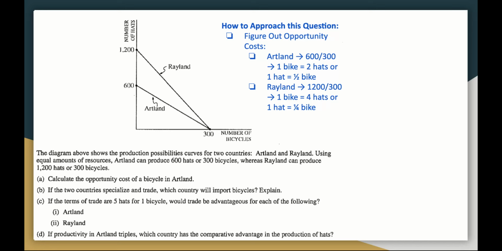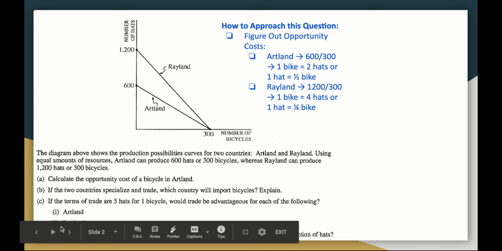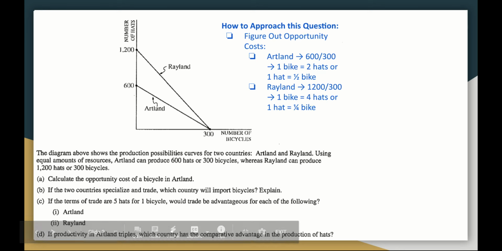So at first, before I even look at parts A, B, C, and D, I would figure out the opportunity cost and I would write that down if I were you. That's how I would approach this question. Figure out the opportunity cost first, because you know that A, B, C, and D are going to have you use the opportunity cost to do some deeper analysis.